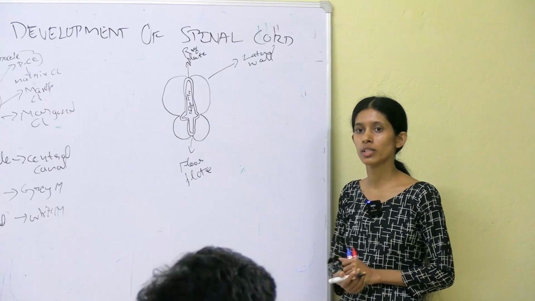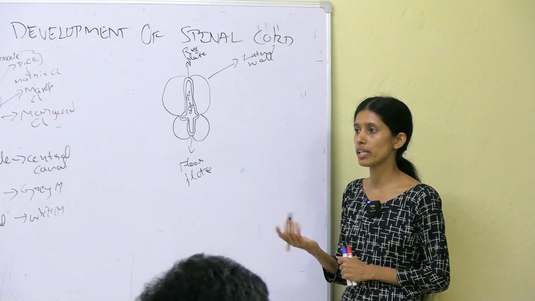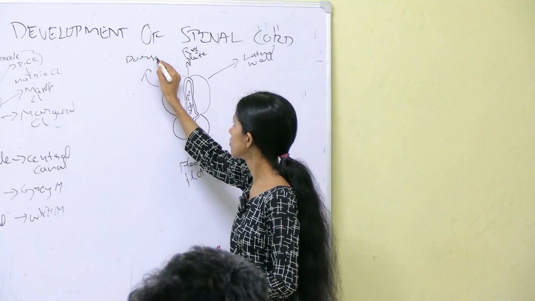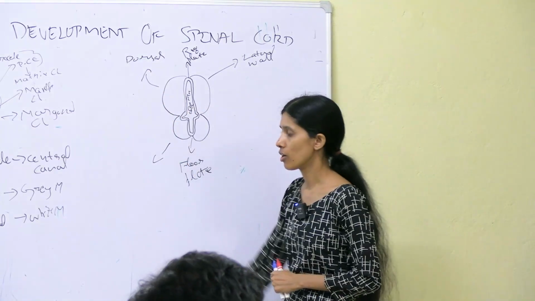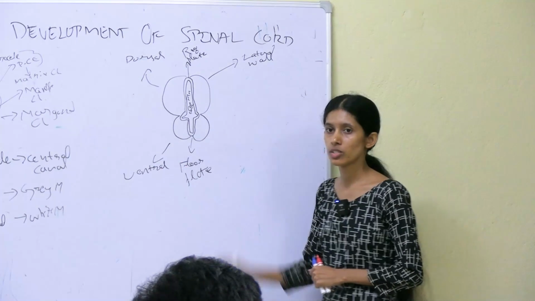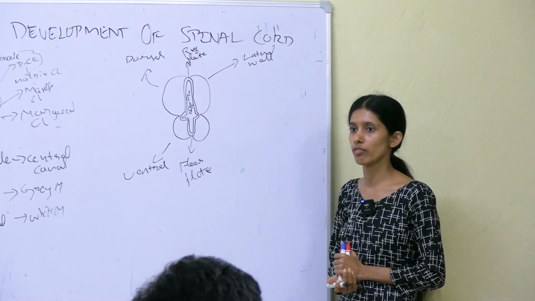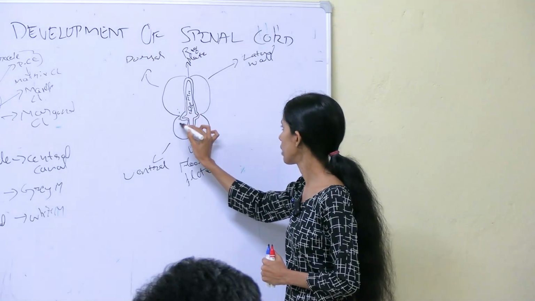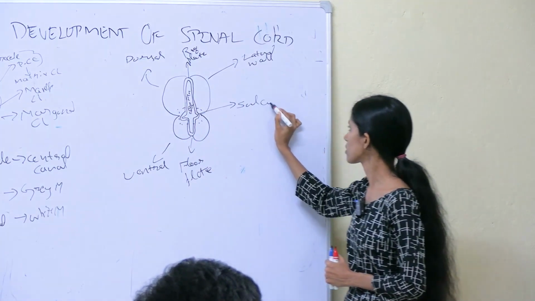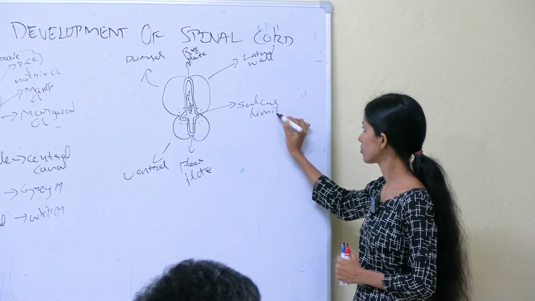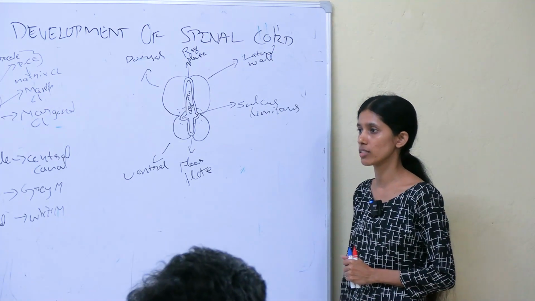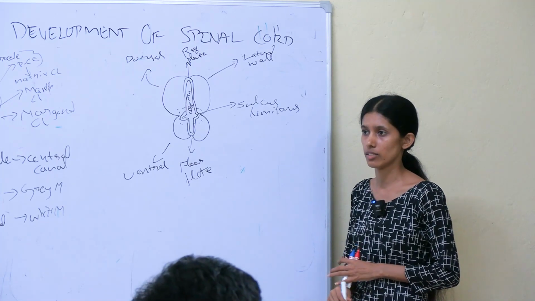Your lateral walls are divided into dorsal part and ventral part. This is the dorsal part, okay, and this is the ventral part. This division of your dorsal part and ventral part is done by this particular structure. It is called the sulcus limitans.